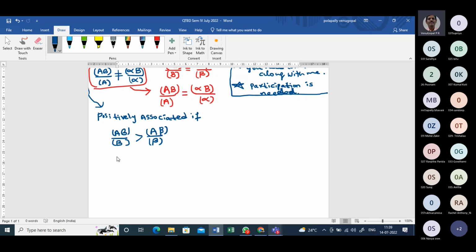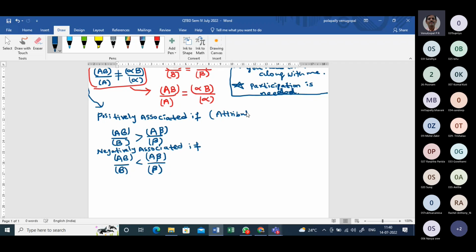Okay. Then AB by B less than A beta by beta. This is called negatively associated.